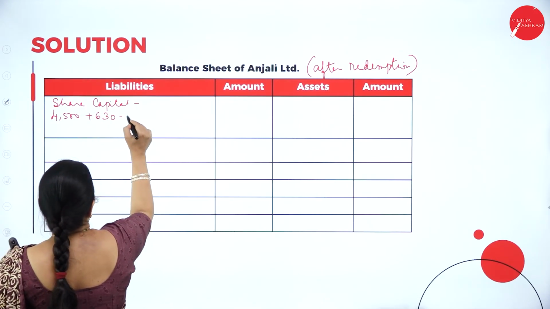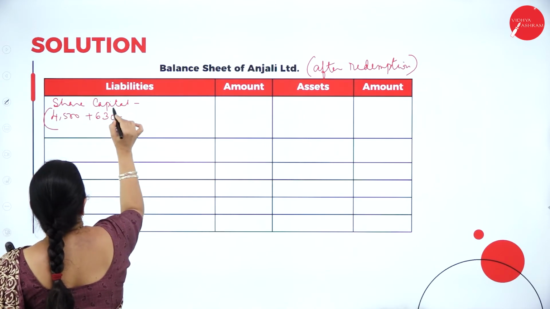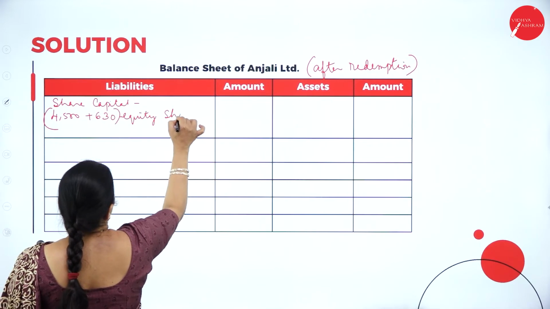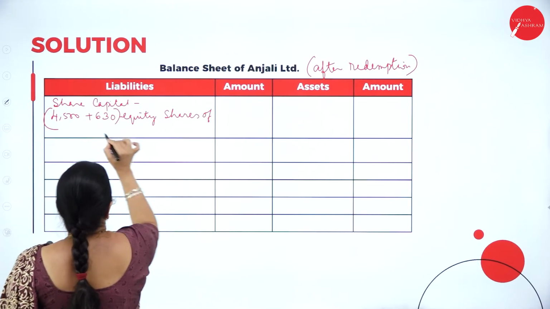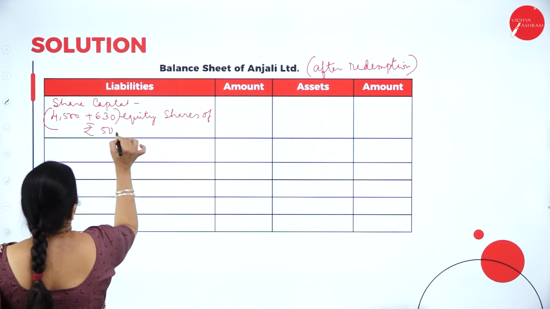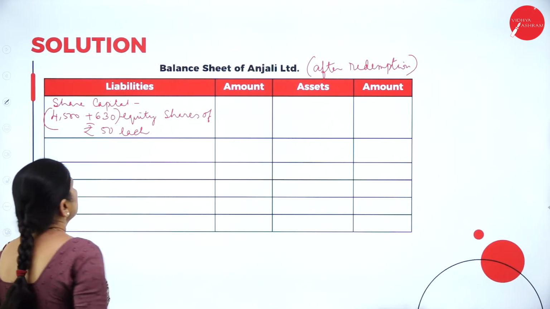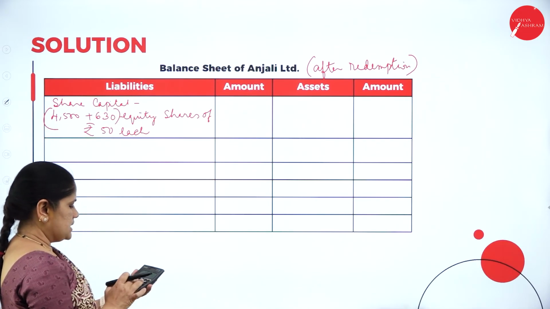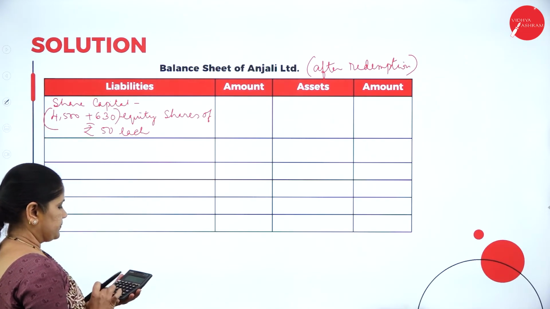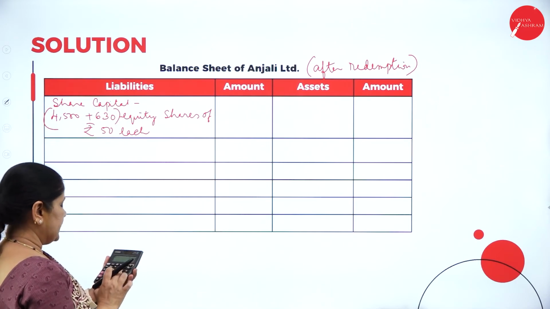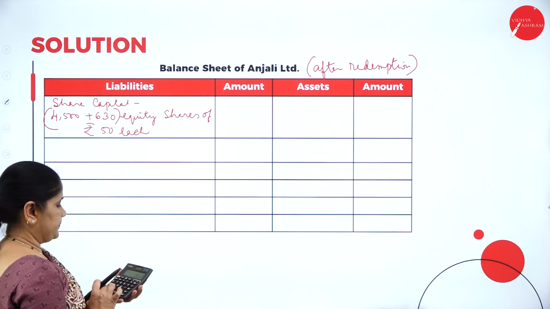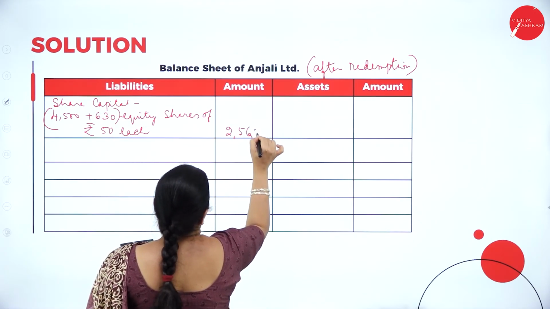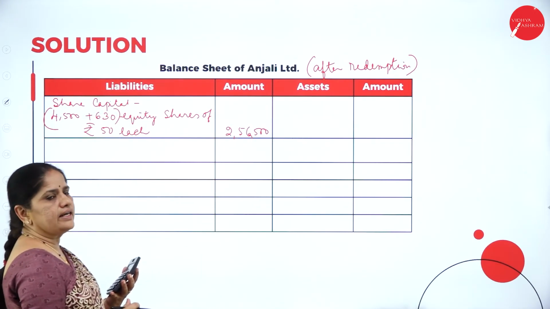4,500 plus 630 equity shares of rupees 50 each. So 4,500 plus 630 is 5,130, into 50, so it will be 2,56,500.